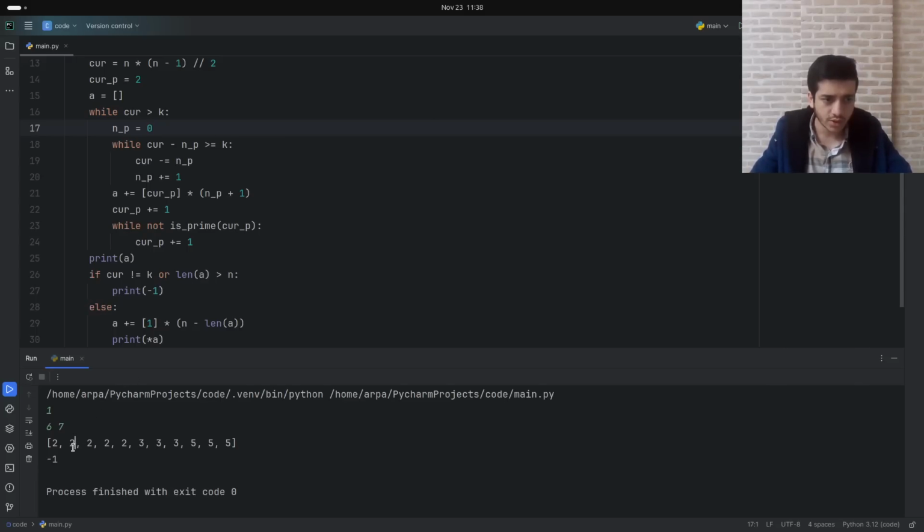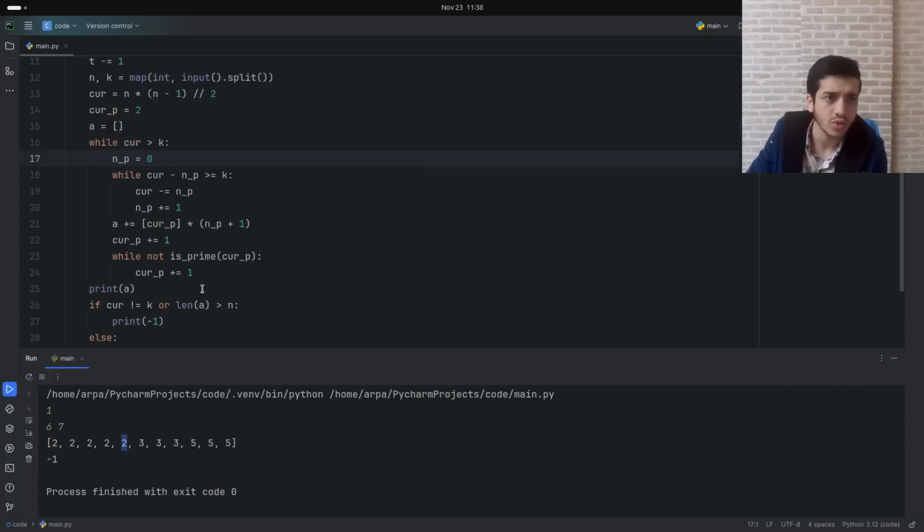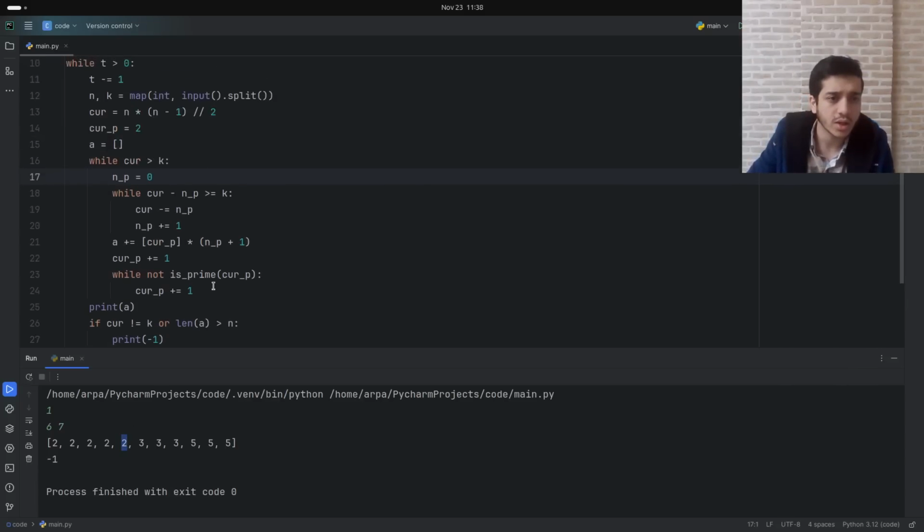So here we decrease it by 1, then 2, then 3, and then 4. What the hell? So 1, 2, 3, 4. It's 10. So that's it. Why are you doing like this?